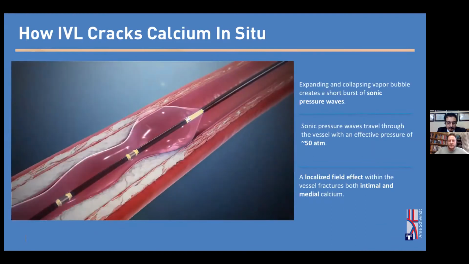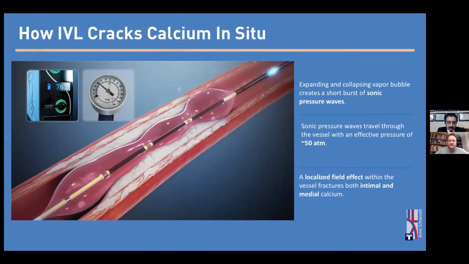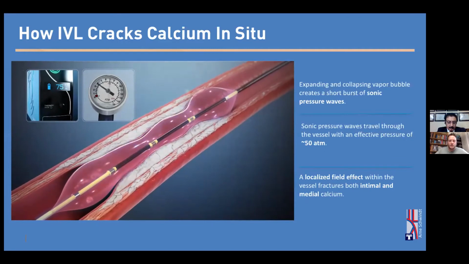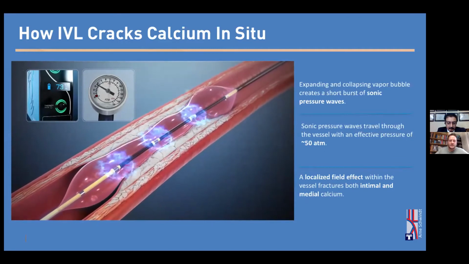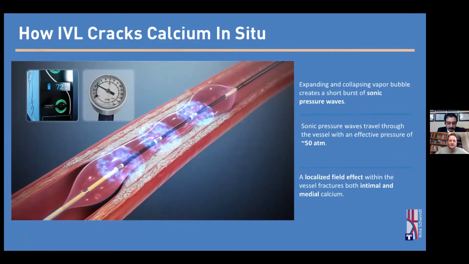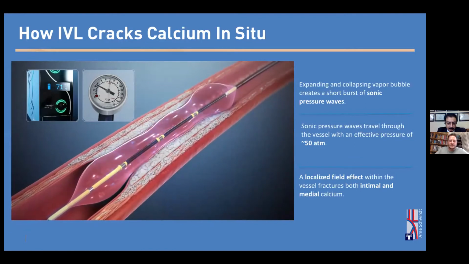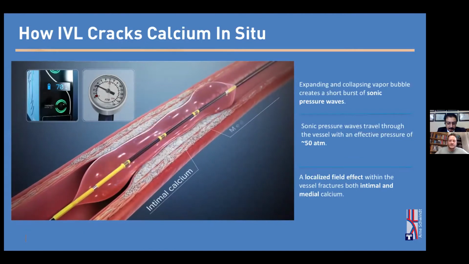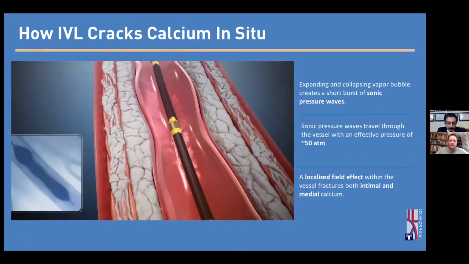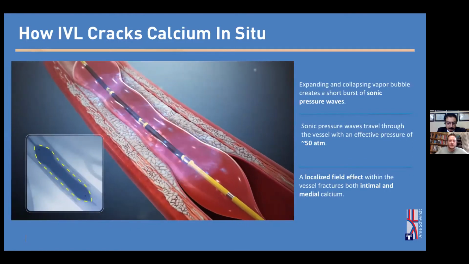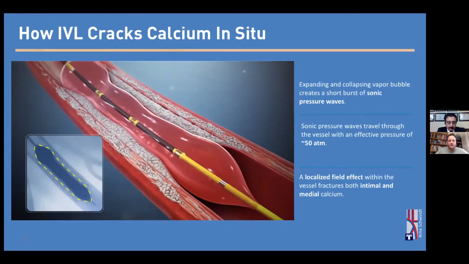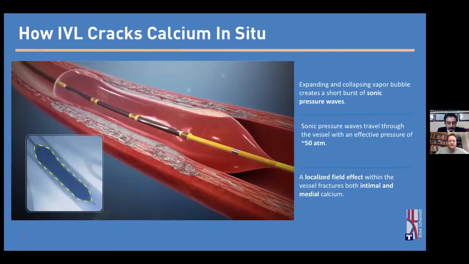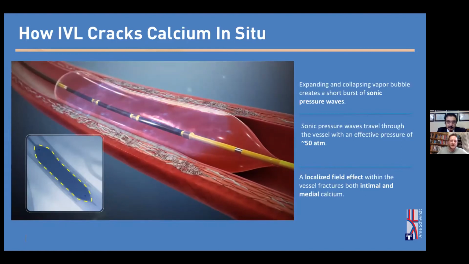Here you see a short video of how this works. A short current is put out by a generator and gets to these small emitters inside the balloon. This is the coronary or BTK version of the balloon. This short current leads to small gas bubbles that you can see in the next slide.